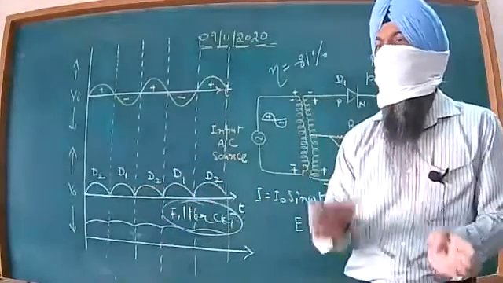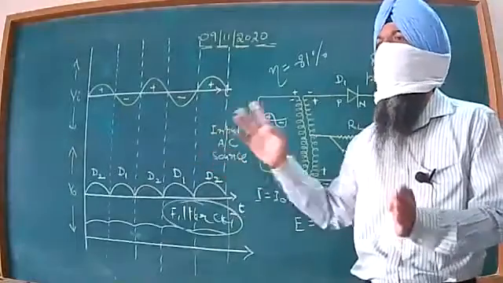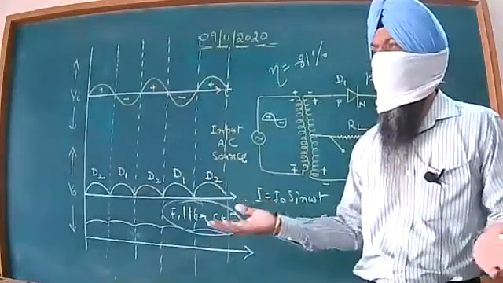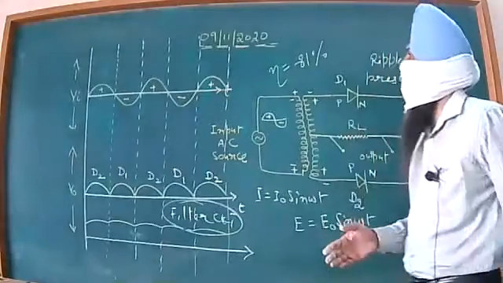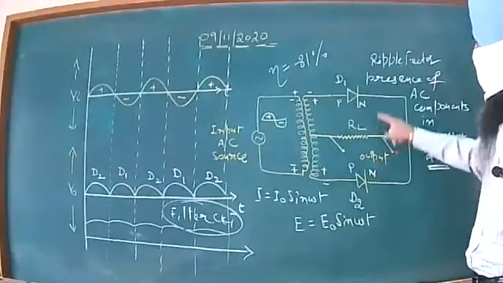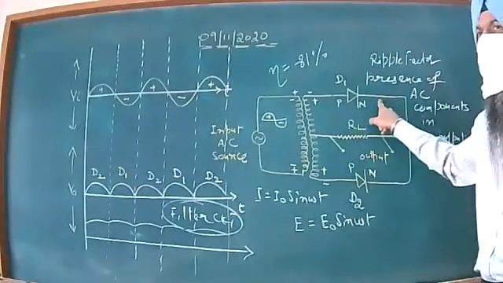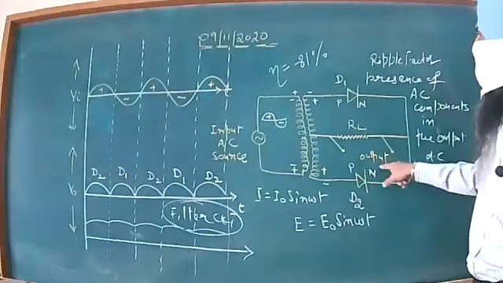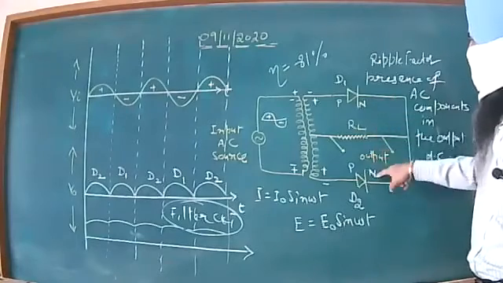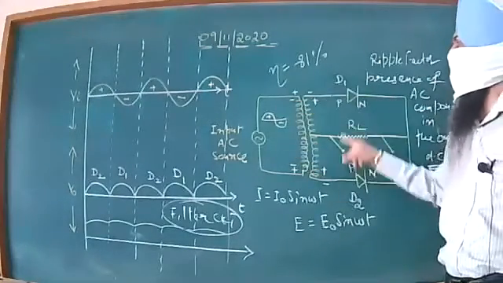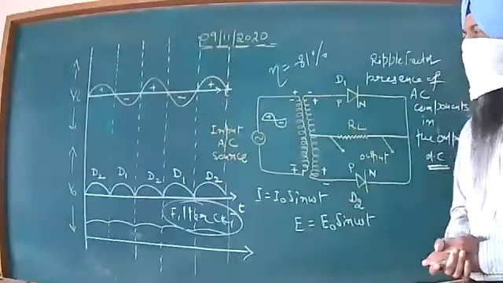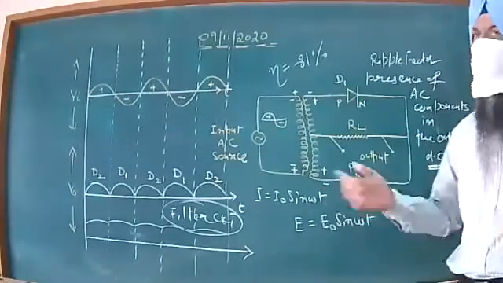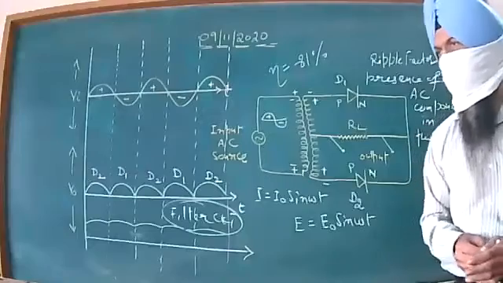Due to this reason it will be of little use, and we don't use half wave rectifier. But in the case of the full wave rectifier, due to the presence of two diodes, whereas in the half wave rectifier only one diode was there, these two diodes are working alternatively according to the input AC supply, and we get the full output as such without any break. So this is the basic difference between the two.